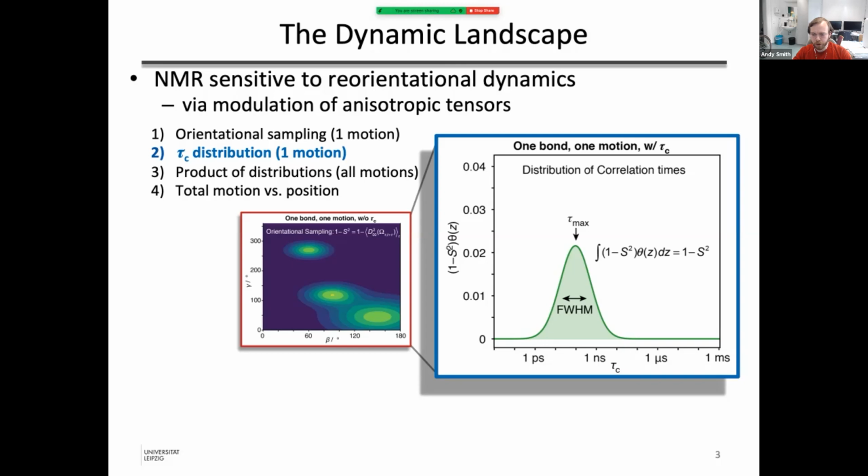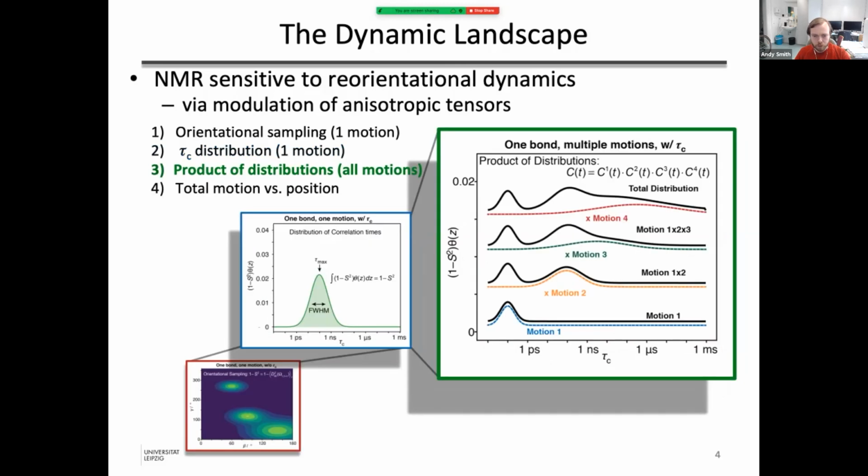But again, it gets more complicated because there's no reason that you're looking at just one motion. Anything that rotates your HC bond is going to influence your measurable parameters, so your relaxation experiments. And so you might have motion 1 with amplitude and a width and a correlation time. And then you can start adding these together.